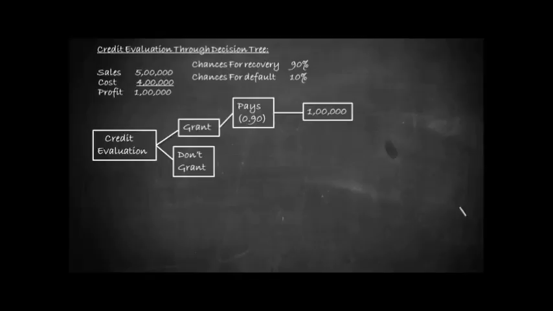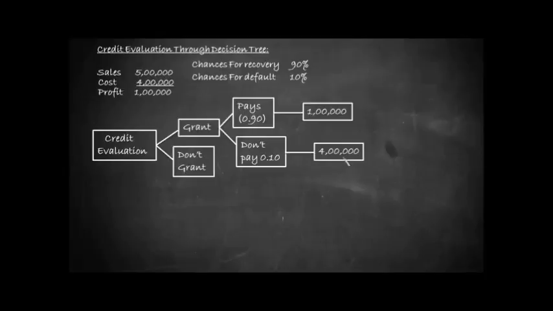And what is the possibility he will not pay? It is 10%. And if he doesn't pay, what is the amount you are going to lose? You are going to lose this entire cost of 4 lakh. So if he pays, you will get additional 1 lakh. If he doesn't pay, you will lose 4 lakh.